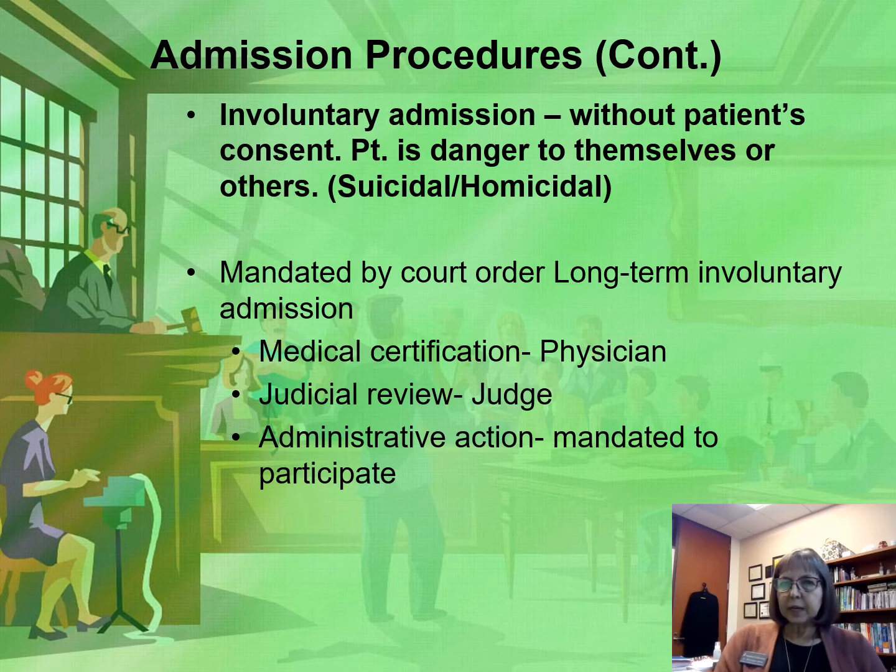This is mandated by court that they go in for 24 to 78 hours, depending on what state and what their laws are, for an evaluation. And at that period of time, a court hearing is held to determine, based on the medical team's evaluation, whether the person appears to be sick and needs to stay longer or does not appear to be sick and may go home. So it's very important to remember that you can't just go in the hospital. These rules have to apply.